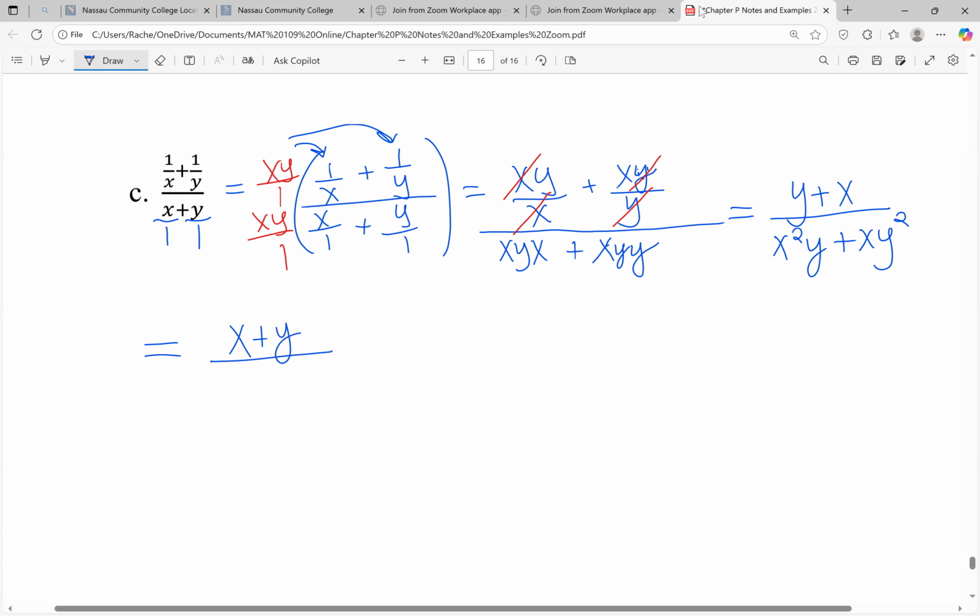And then in the denominator, between an x squared y and an xy squared, I can factor out an x and a y. So when I divide x squared times y by xy, I'm going to be left with x. And when I take the xy squared and divide it by xy, I'm going to be left with a positive y.